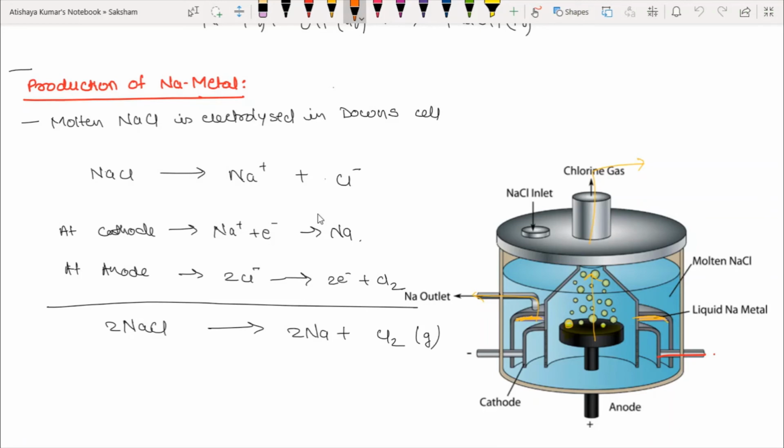Some points to be kept in mind: the melting point of sodium chloride is over 800 degrees centigrade, and that means that in order to melt solid sodium chloride into liquid form, you will require a tremendous amount of energy.